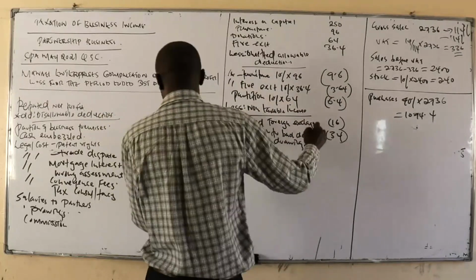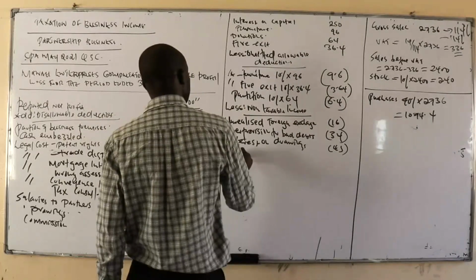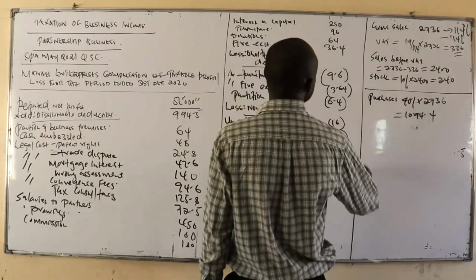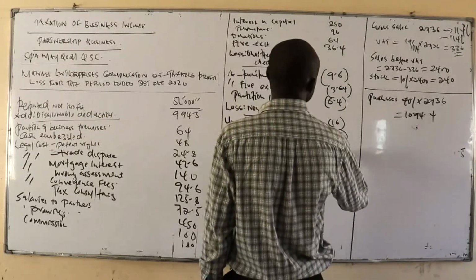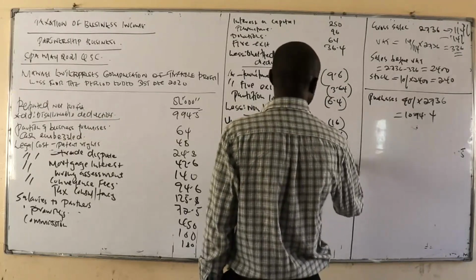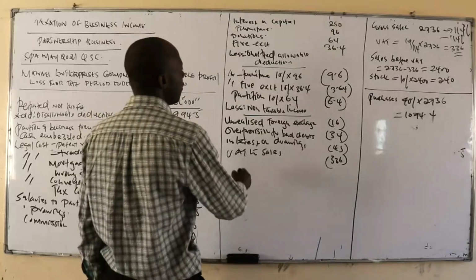How much is it? 45. And then VAT on sales, how much? It was 336. Tunaelewana? VAT.